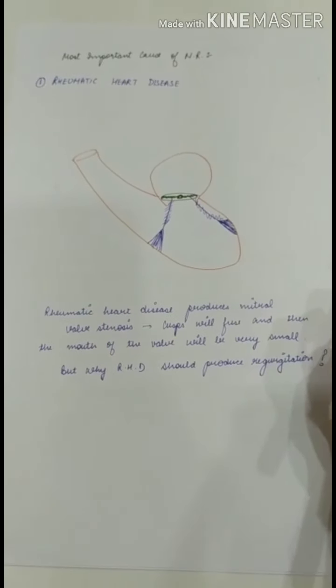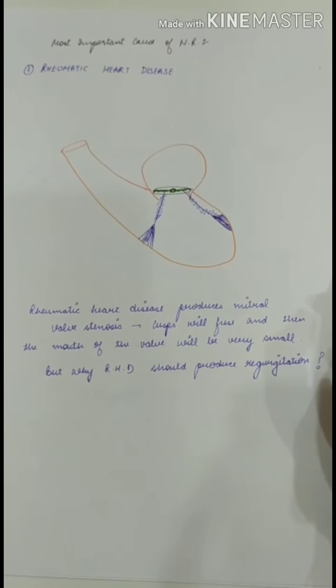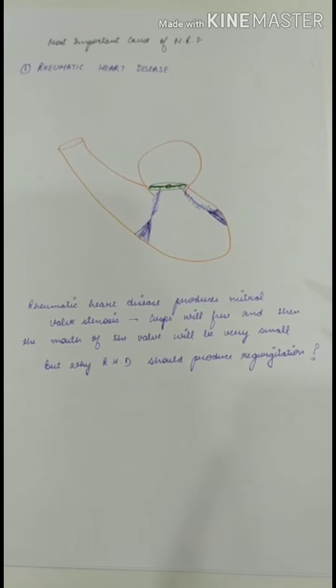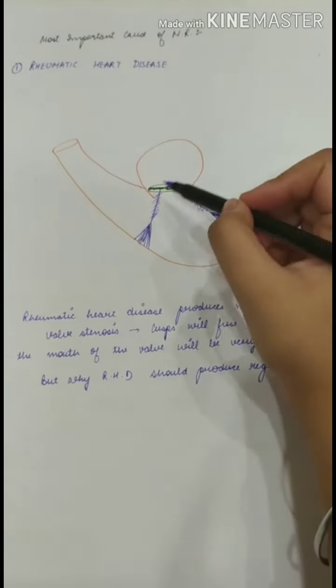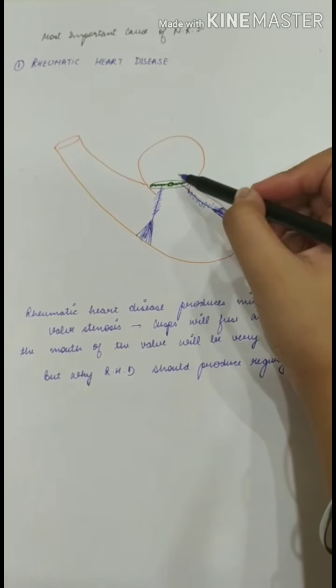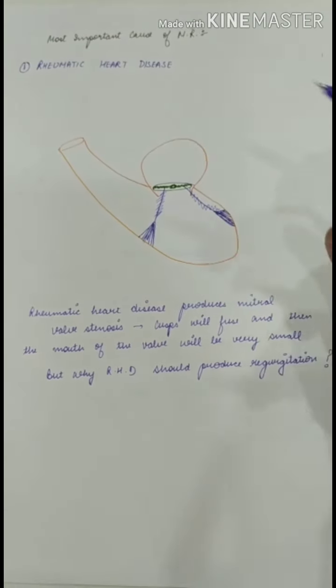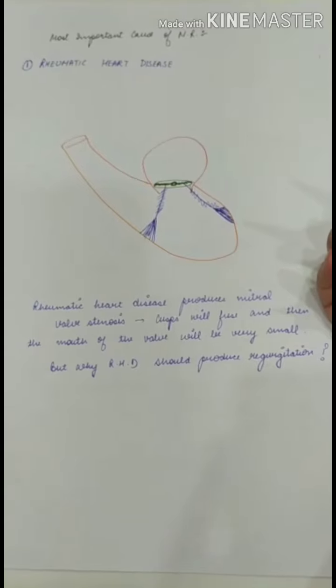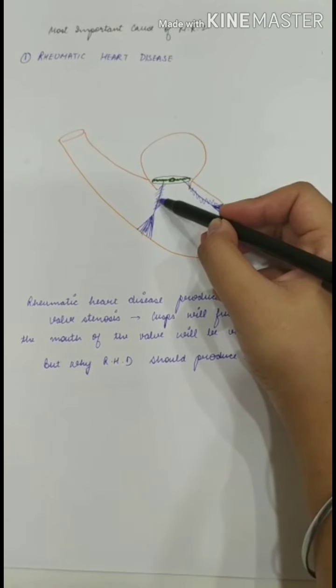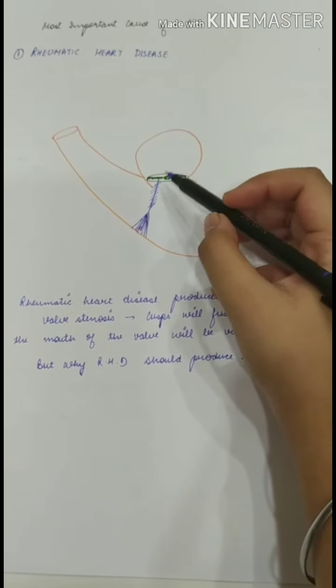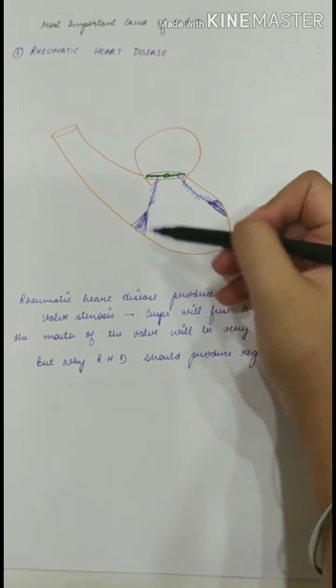Now let us discuss some important causes of mitral regurgitation. First, being the rheumatic heart disease. The rheumatic heart disease produces mitral valve stenosis, the cusps will fuse and the mouth of the valve will be very small. But why should rheumatic heart disease produce regurgitation? Now imagine if the rheumatic process also attacks the chorda tendineae. They will become inflamed, fibrotic and shrunken.